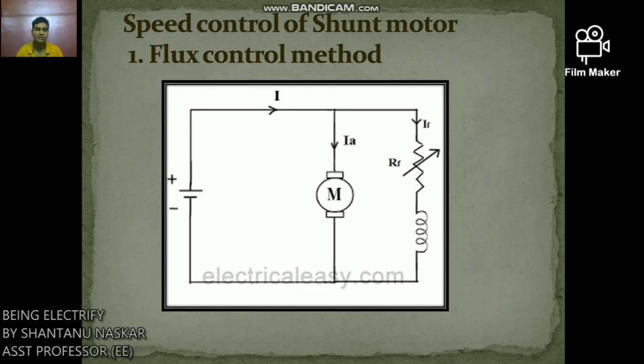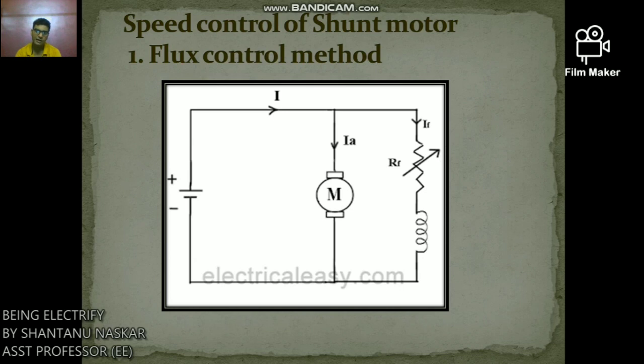Thus, by decreasing the flux, speed can be increased and vice versa. To control the flux, a rheostat is added in series with the field winding as shown in the figure. Adding more resistance in series with the field winding will increase the speed as it decreases the flux.